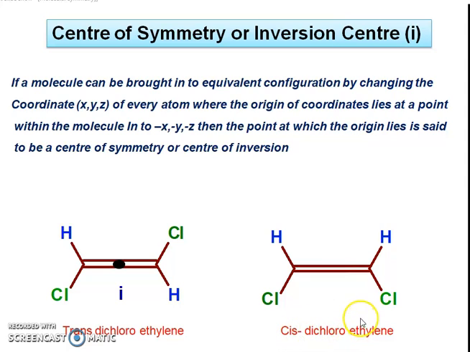But in cis-dichloroethylene, we have seen that such a center of symmetry does not exist, because the two similar groups are not trans to each other, they are on the same side, and therefore by drawing these lines the molecule does not divide into equal parts, which are not indistinguishable, and therefore cis-dichloroethylene does not have a center of symmetry with the other chlorine atoms.